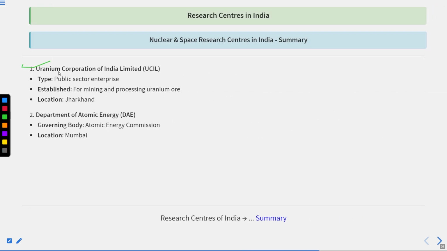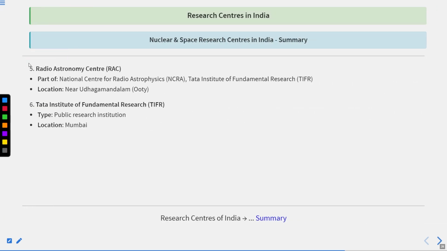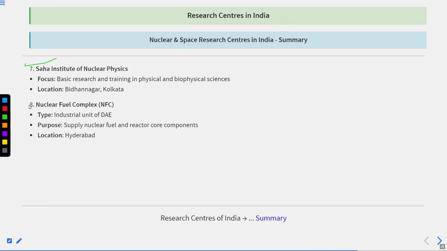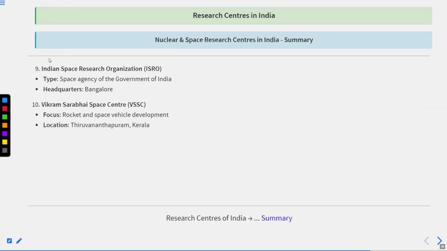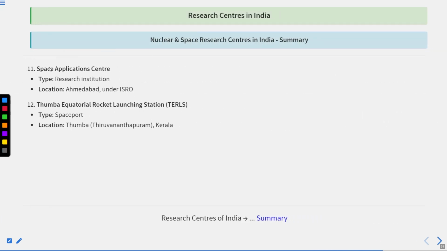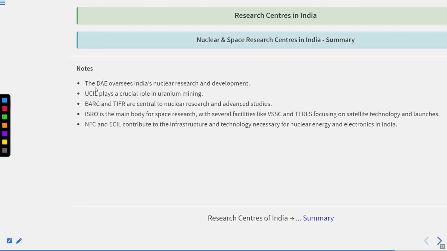Then in Nuclear and Space Research Centers, we have seen Uranium Corporation of India Limited, then Department of Atomic Energy, Electronics Corporation of India Limited, Bhabha Atomic Research Center, Radio Astronomy Center, Tata Institute of Fundamental Research, Saha Institute of Nuclear Physics, Nuclear Fuel Complex, Indian Space Research Organization, Vikram Sarabhai Space Center, Space Application Center, Thumba Equatorial Rocket Launching Station.